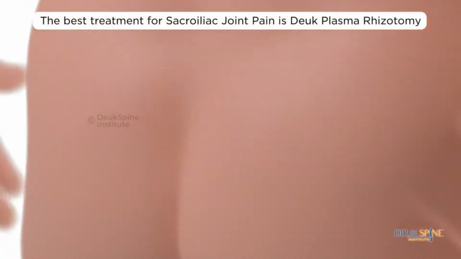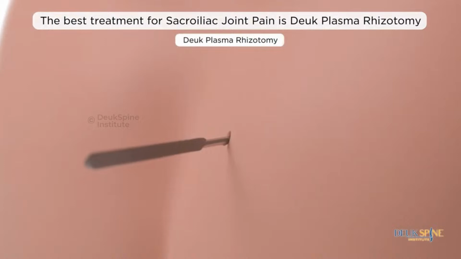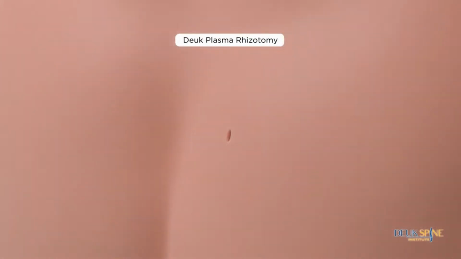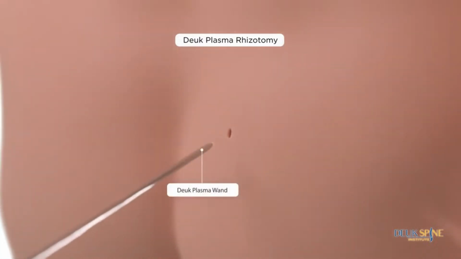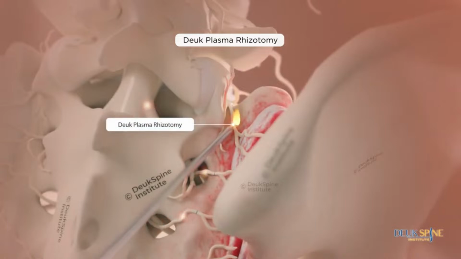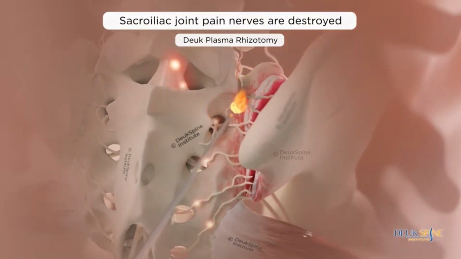The best treatment for sacroiliac joint pain is the Deuk plasma rhizotomy. Sacroiliac joint pain nerves are destroyed.